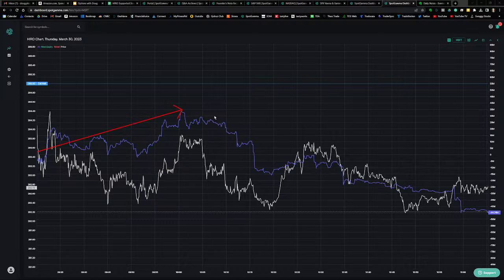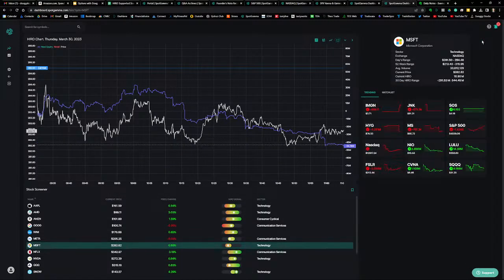But as it turns out, the setup in Nvidia, as we just saw, was much better. And then right around 10 a.m., Hero shifted lower. And then price continued to chop around until about 10:30, and then finally moved lower. Not much there in Microsoft.